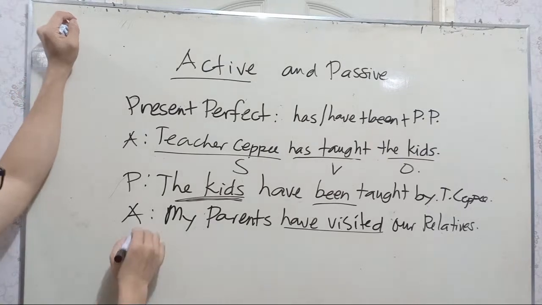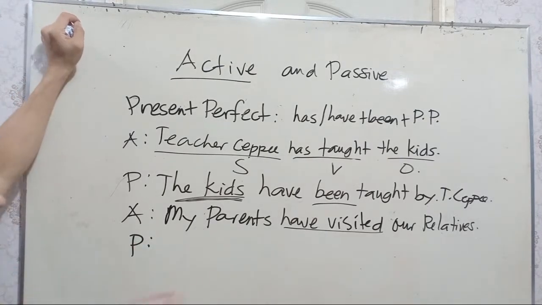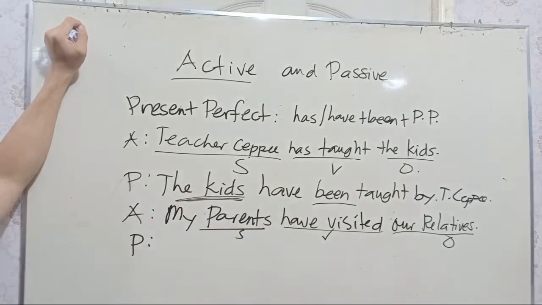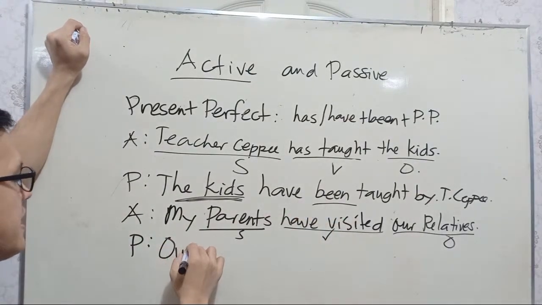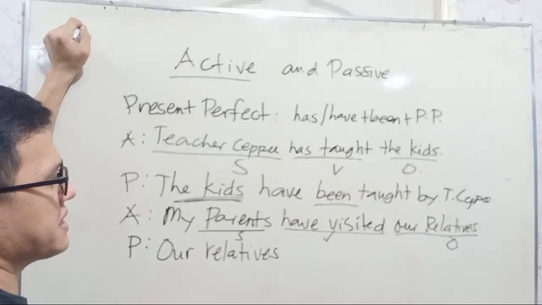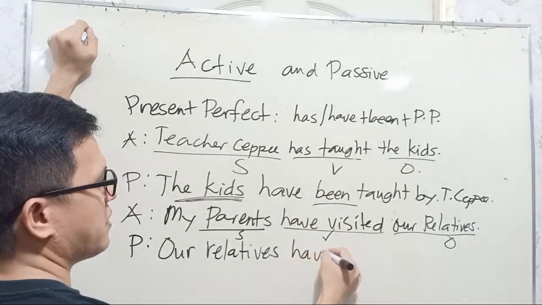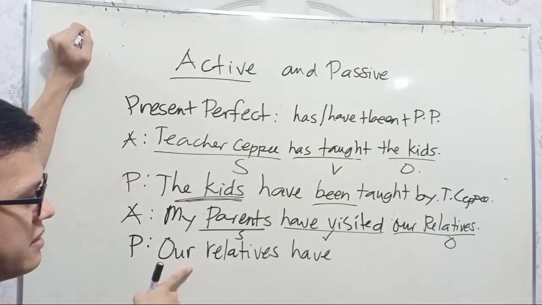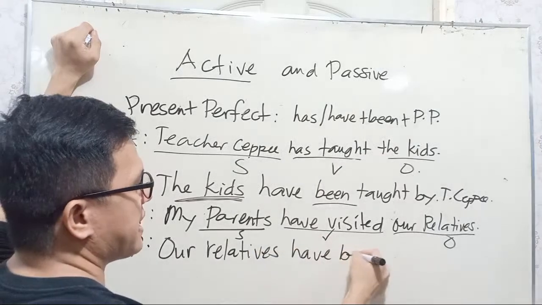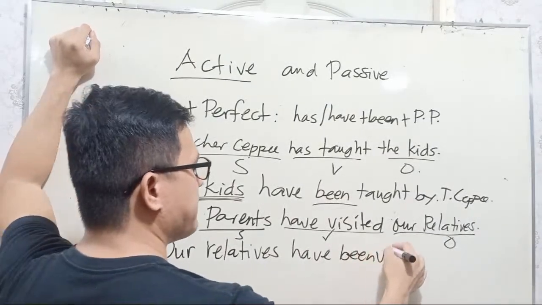Now, the passive for this. Of course, this is our subject, this is our verb, and this is our object. We say that our relatives have. Why have? Because the subject, relatives, is plural. Have, and then we just add been: have been visited.